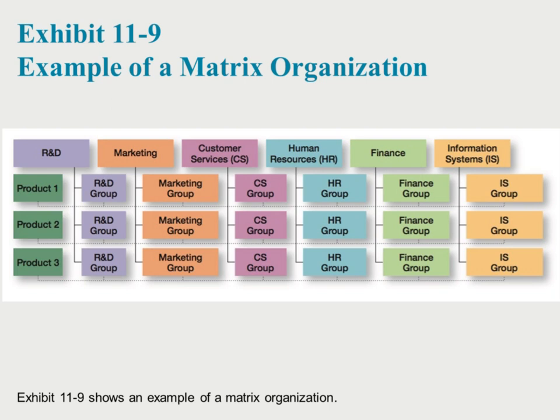You're going to market it a little differently than toothpaste, and there are different chemicals that go into it, so you're going to have a different member of research and development. As far as customer service, there are probably different problems or different ways to handle toothpaste versus deodorant. And then maybe your third product is shampoo. Again, there are different needs for those products, so we have different members that make up that matrix of those groups.